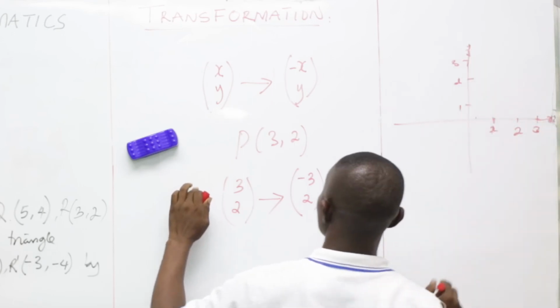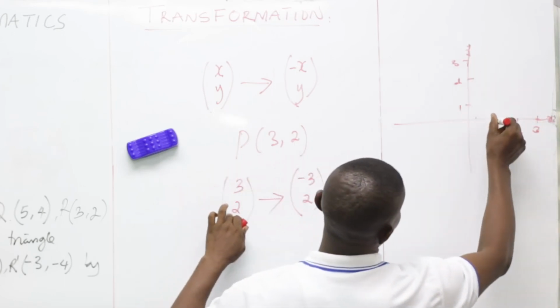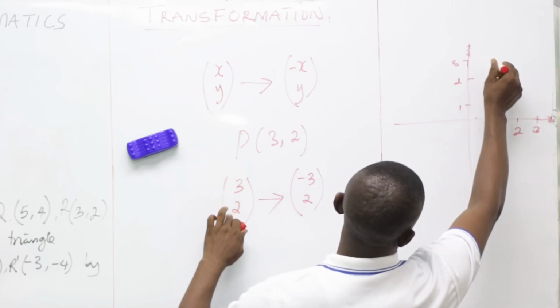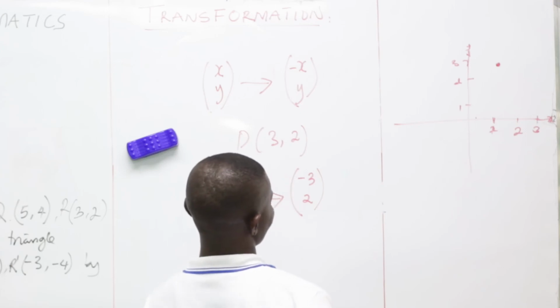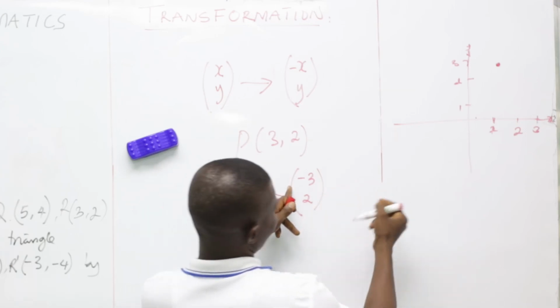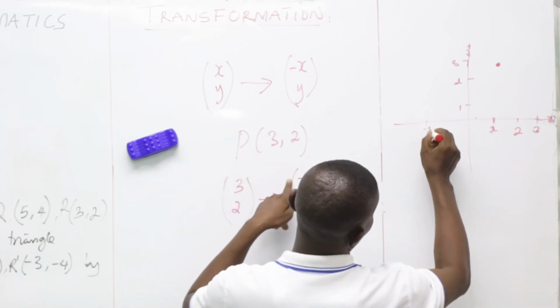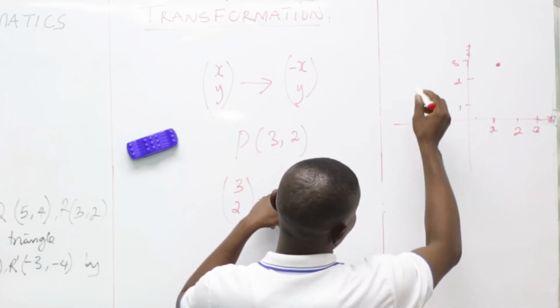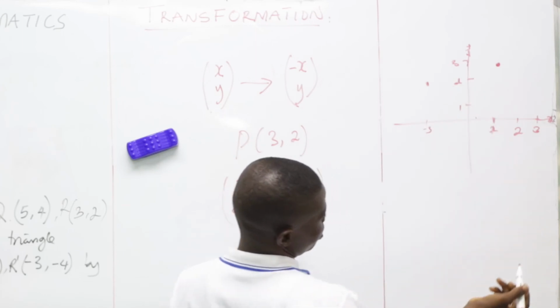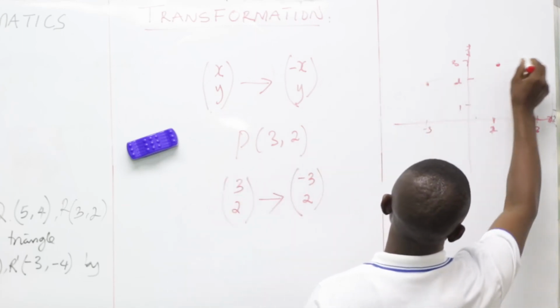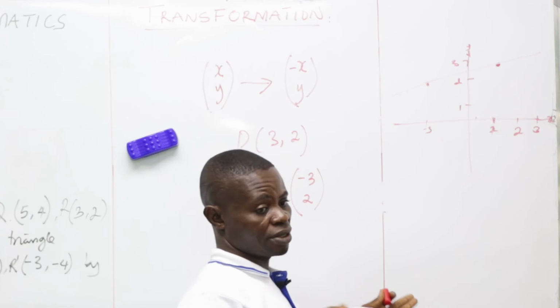Y-axis, X-axis. When X is 2, Y is 3. Meaning just here. Can you see it? This is plotting. Then its image, X becomes minus 3, something here. Y is plus 2, meaning here against here. Can you see it? So that's all. You can trace it this way if you want. It's just a straight line.